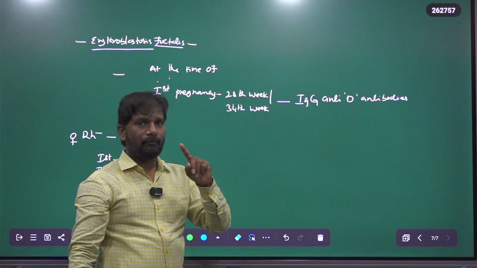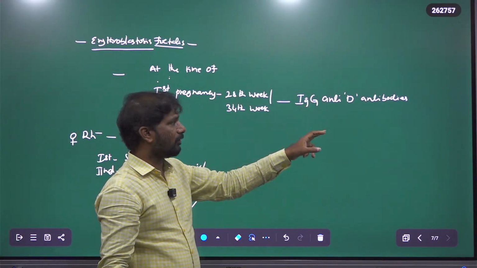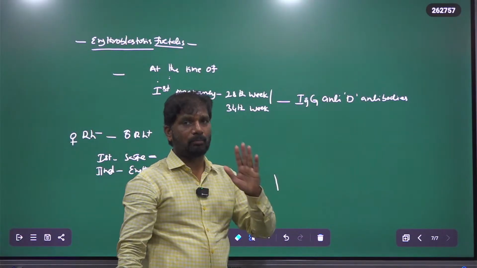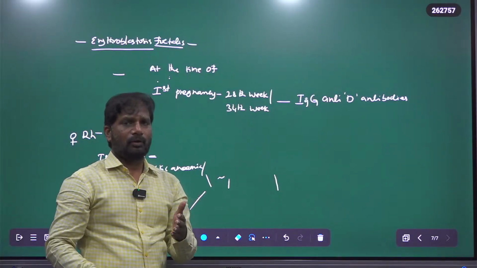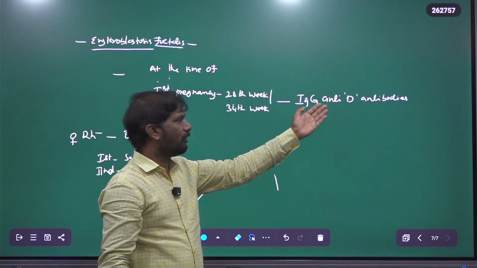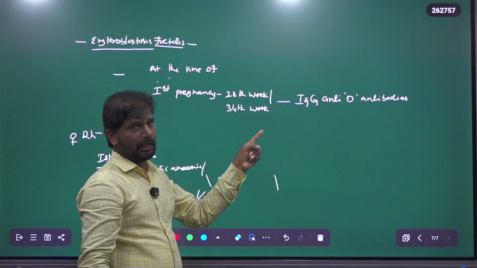What type of antibodies are given to the mother? IgG anti-D antibodies are given to the mother. When you do not give these IgG anti-D antibodies to the mother at this time, there is a chance next time.